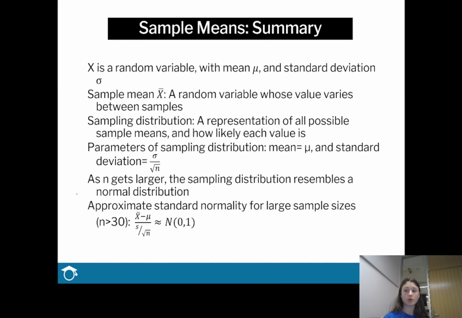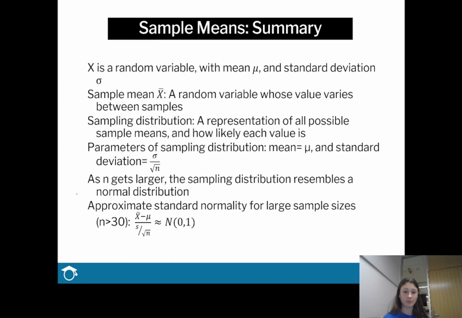Okay, so a summary of sample means. So X is a random variable with mean mu and standard deviation sigma. The sample mean x hat is a random variable whose value varies between samples. The sampling distribution is a representation of all possible sample means and how likely each value is.